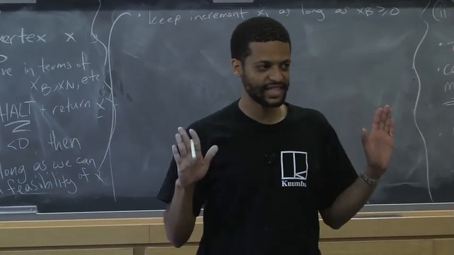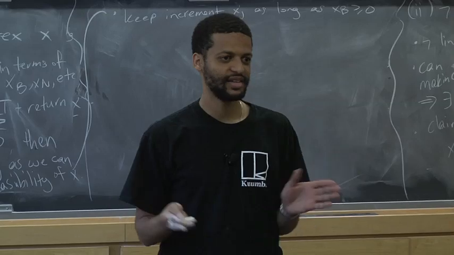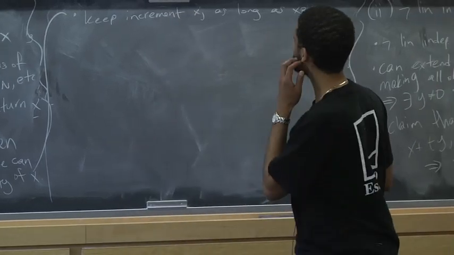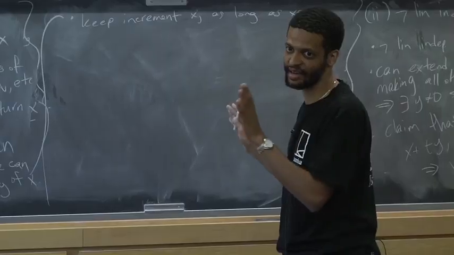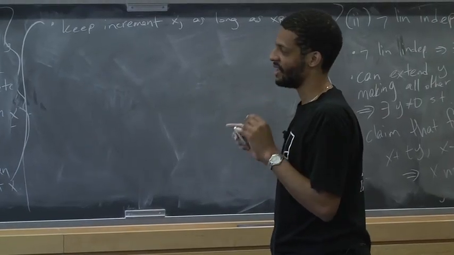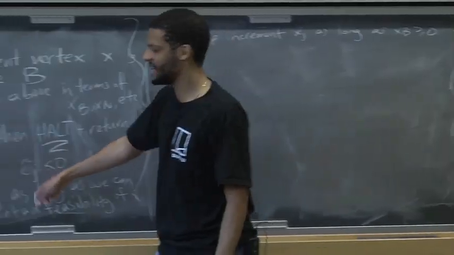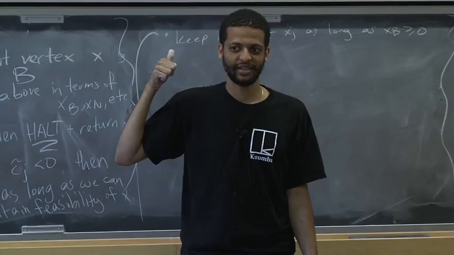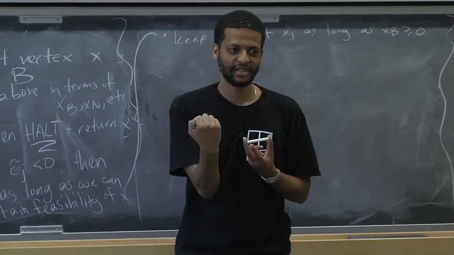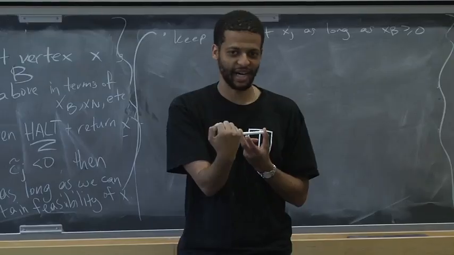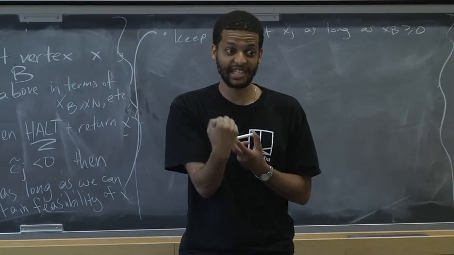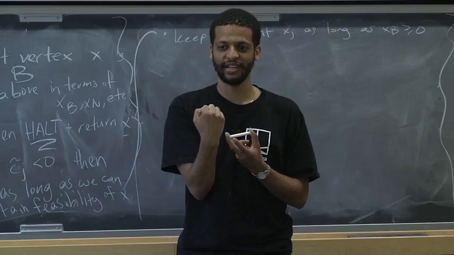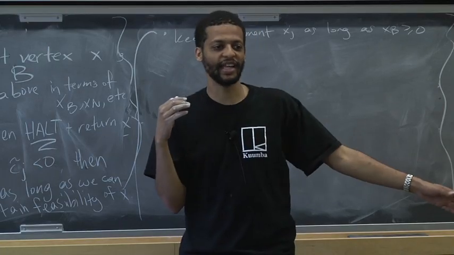If it actually had size m always, we're happy. Because what does it mean for B to have size exactly m without augmentation? It means that all of xB is strictly positive, which means there's some non-zero amount we can increment xj by before we violate feasibility.